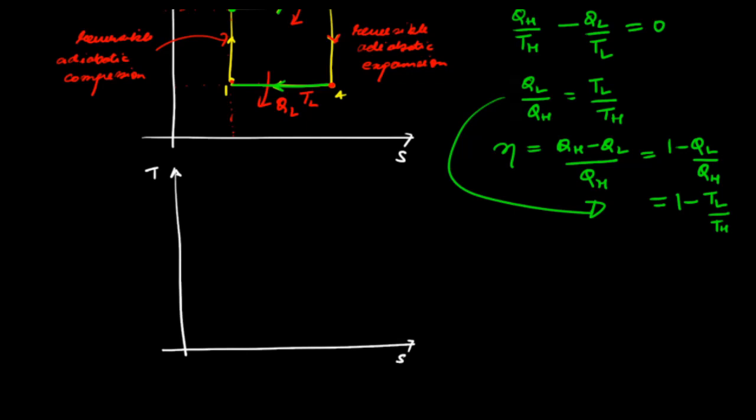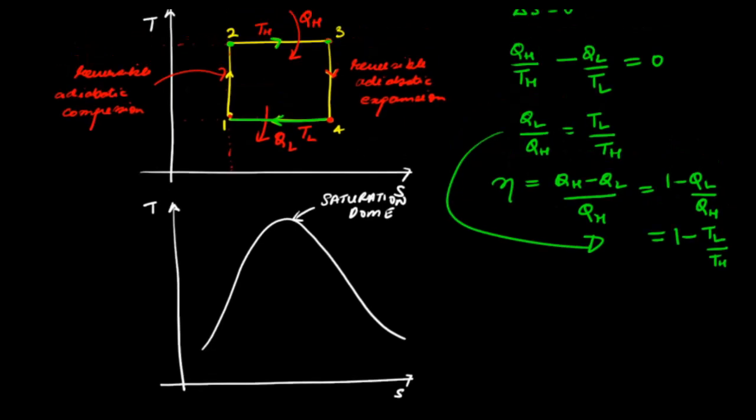So if we look at the TS diagram for water, this is our saturation dome. If we want to have a Carnot cycle such as this for water, we can have different ways. One way is this.